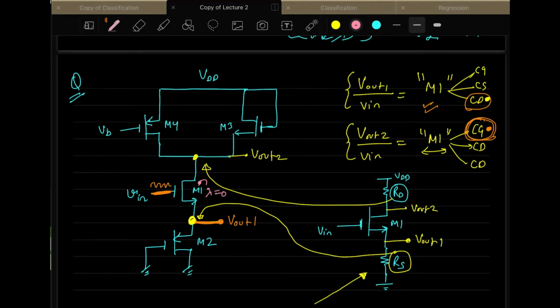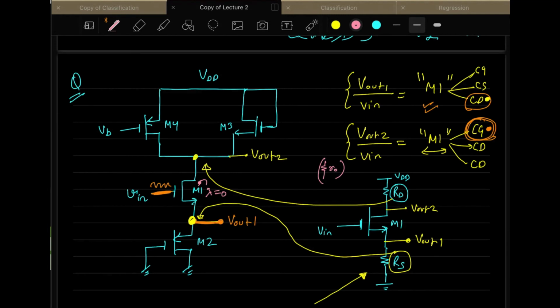That means you have to include their output resistance RO. When lambda is 0 for a specific MOSFET, only that MOSFET's lambda will be 0. For other MOSFETs, lambda will not be 0.